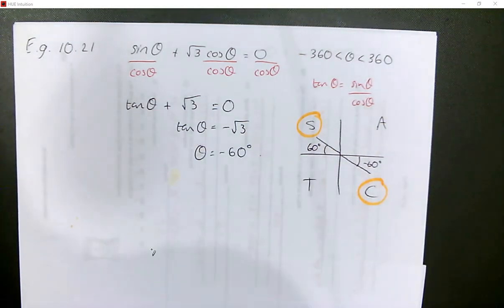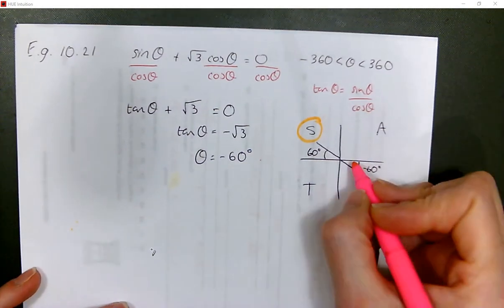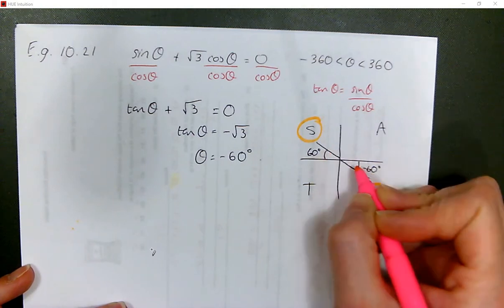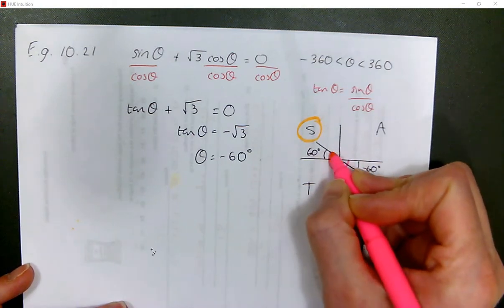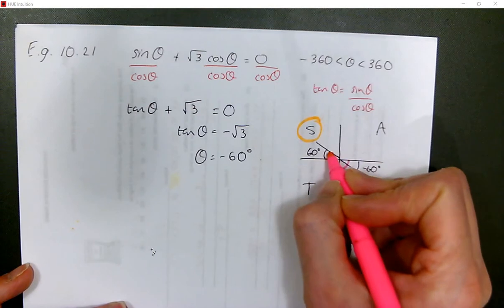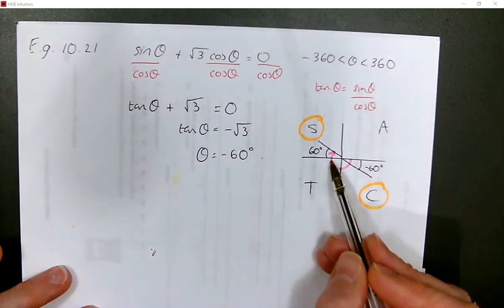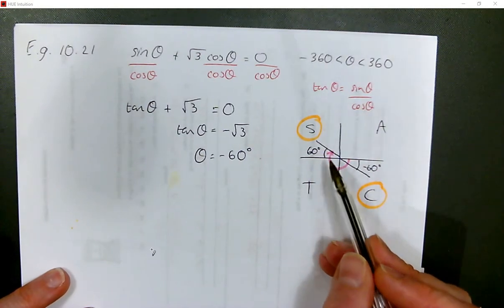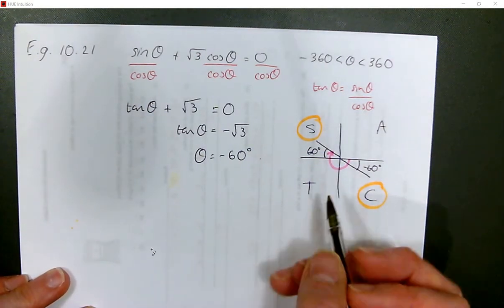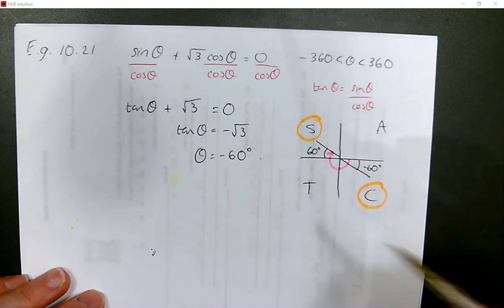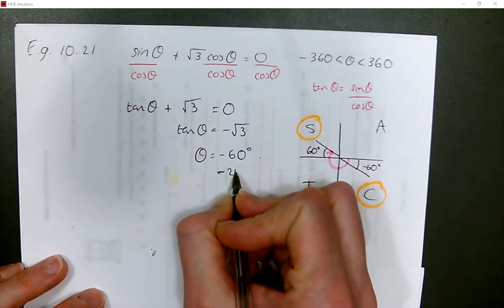Right, so now we do some whirling around. Let's go all the way around to minus 360, that'll be there. Going back, the lowest value we encounter is this one. So it's going to be minus 180, minus another 60, so that's minus 240.